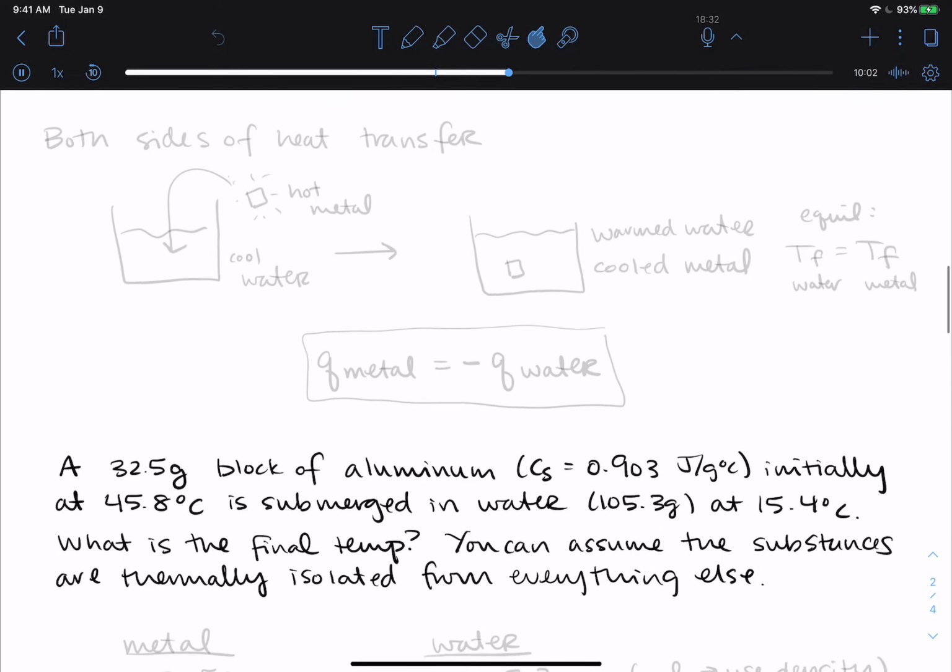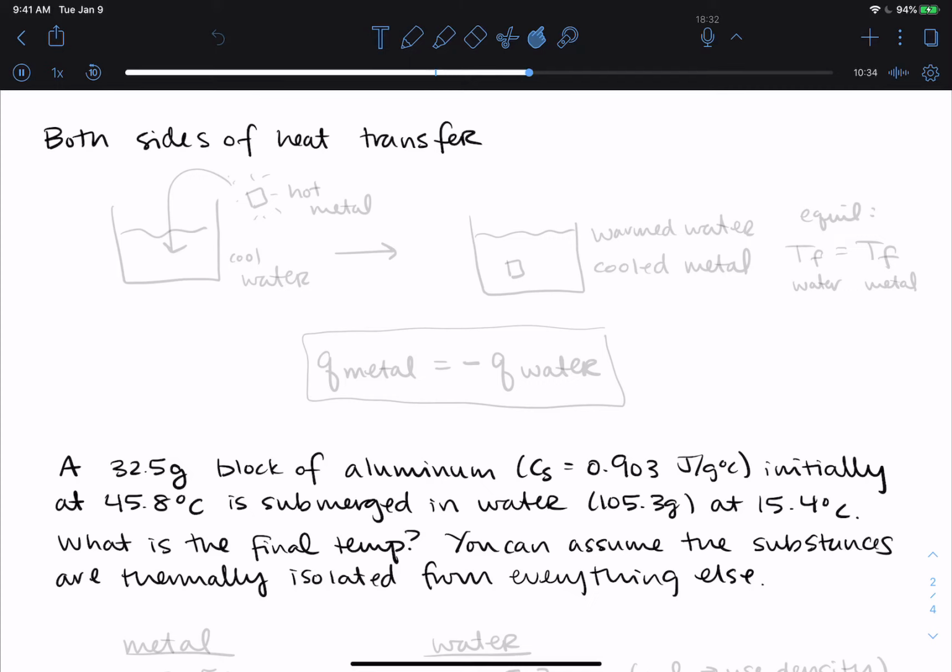So we will do many problems where we have to look at both sides of the heat transfer. When we do this, we will assume that the two things transferring thermal energy between each other are isolated from everything else. To be honest, this is pretty easy to do with even something as simple as a styrofoam cup, which we would consider to be insulated.